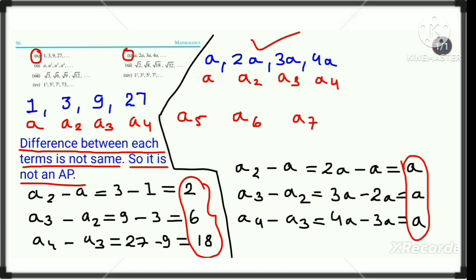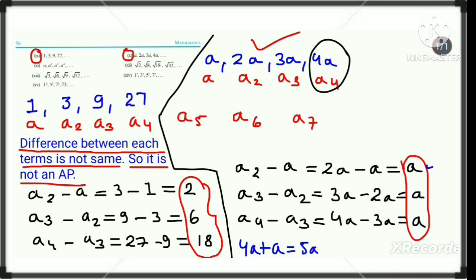So firstly let's add the common difference to its fourth term, and our fourth term is 4a plus the common difference a. 4a plus a, we obtain 5a.